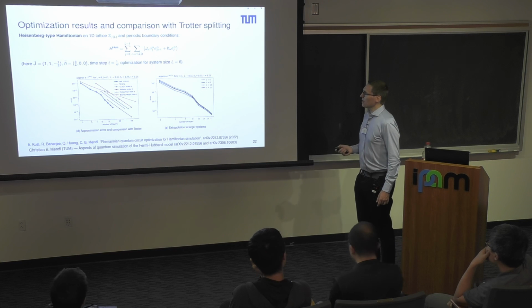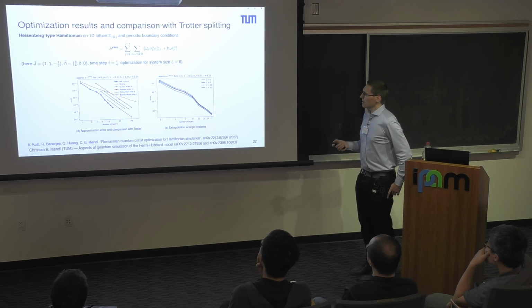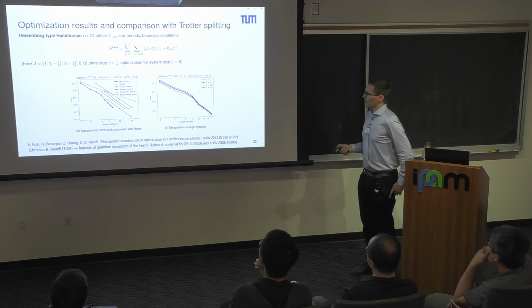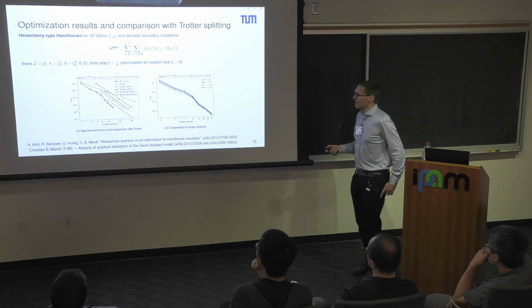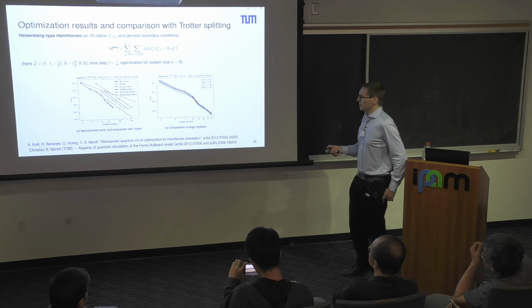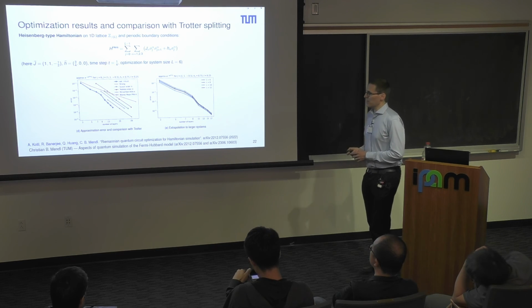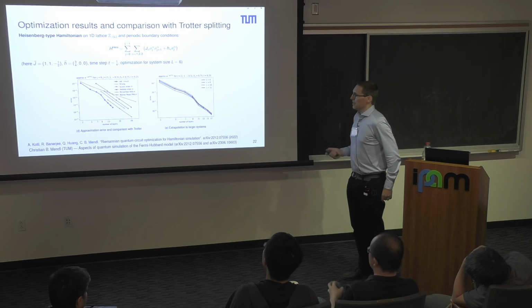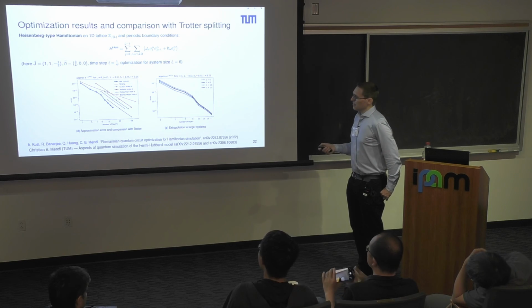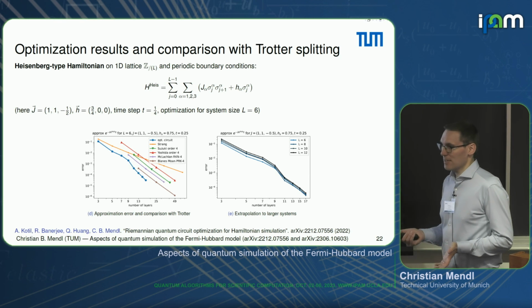We also did this for the Heisenberg Hamiltonian, and here you see the equivalent plots. One thing here is that it actually does not work so well for this model, right? You see our curve is still below the other ones, but it's not so much better, so to say. But the point is, in some sense, by construction, we can be better than any Trotter method which you can invent, right?